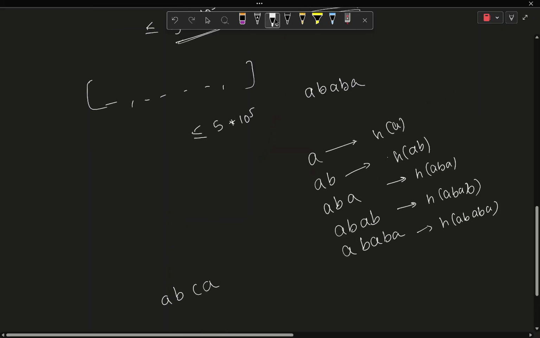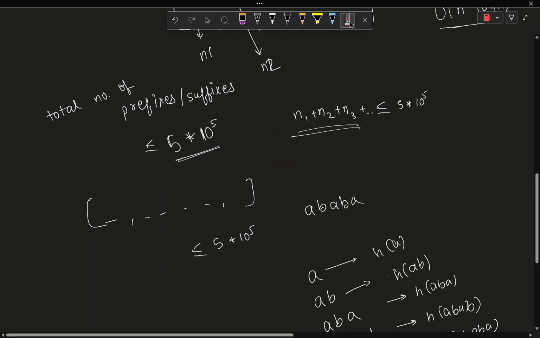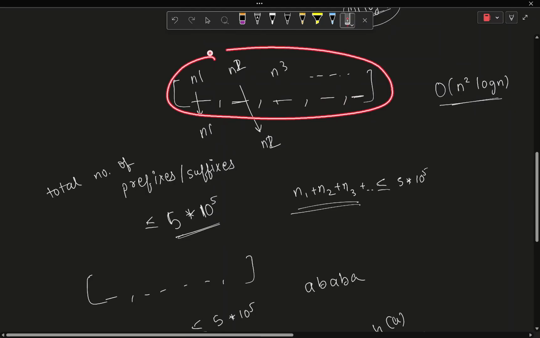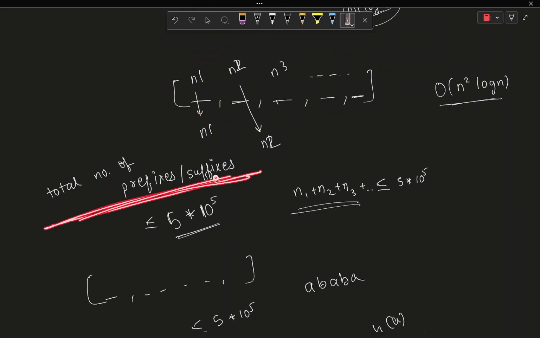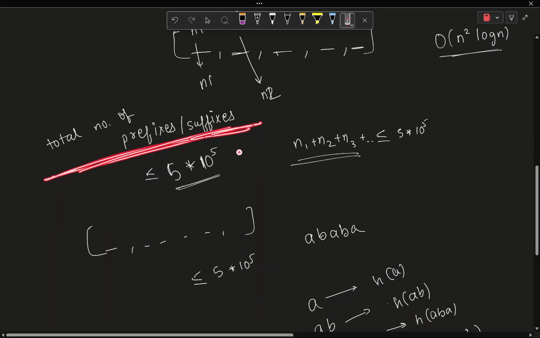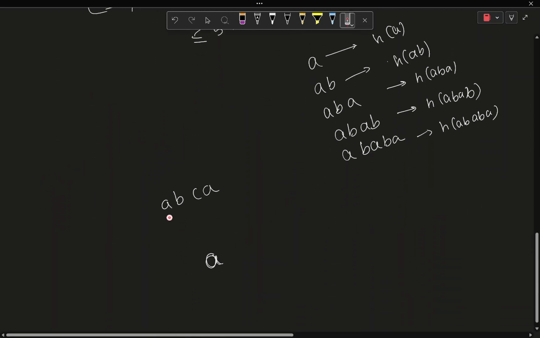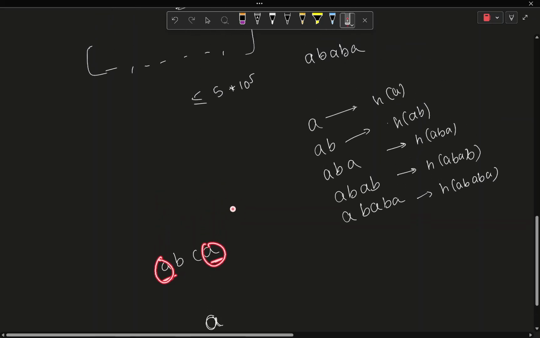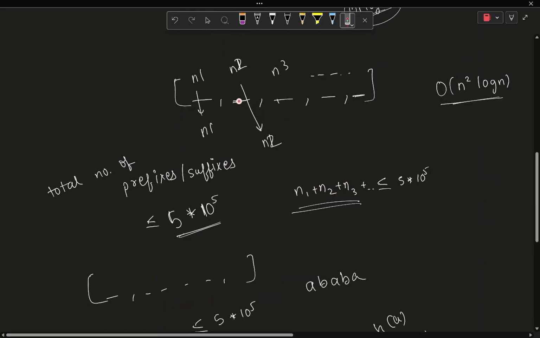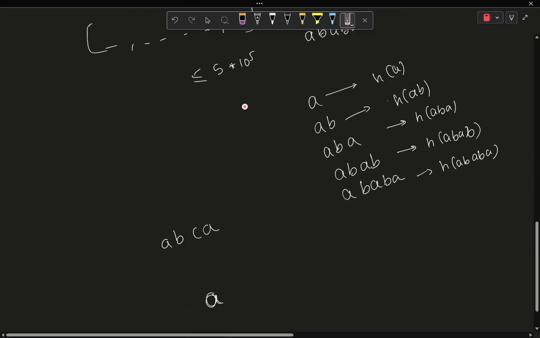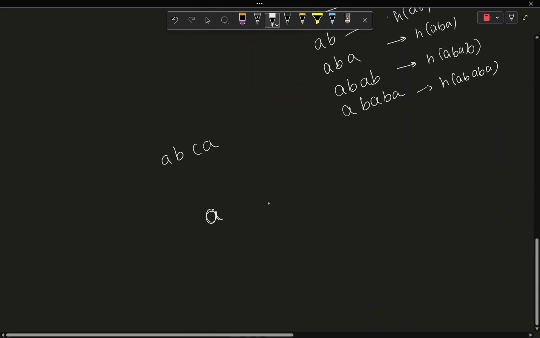What we are basically trying to aim is, we know that there are only some limited number of prefixes and suffixes, and only when a prefix and suffix are equal can it matter. Just imagine you have the first string s1 as a, and this is your s2.